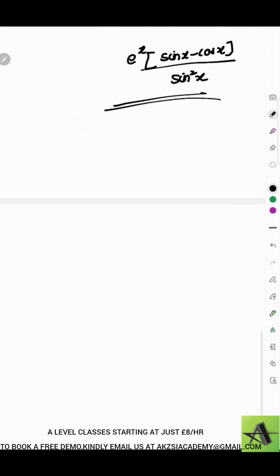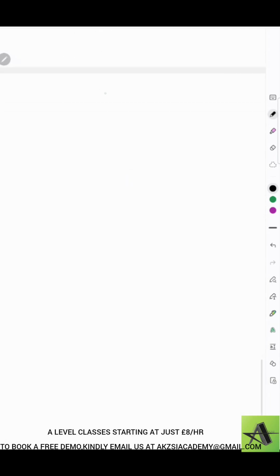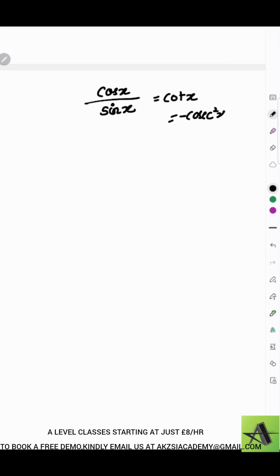Applying the same in a different function, let's say cos x over sin x. Let me prove this. Though we know cos over sin is cot x, and its differentiation is minus cosec squared x, let me do this with the quotient rule.